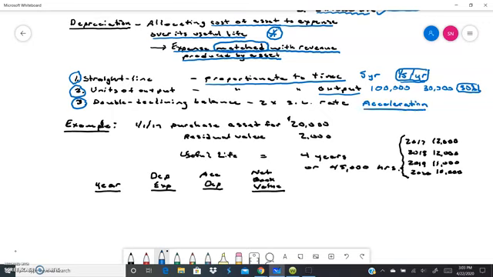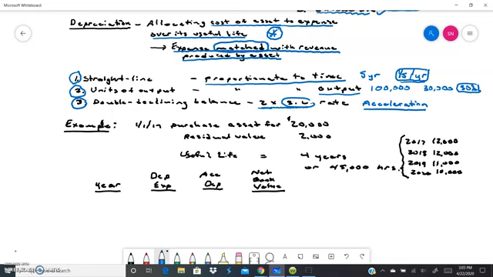So we'd have more depreciation expense in the earlier years and less in the later years. And the way we would do that is we take the rate at which we're depreciating the declining balance of the asset at twice the straight line rate. So that's SL, that's straight line, twice the straight line rate.